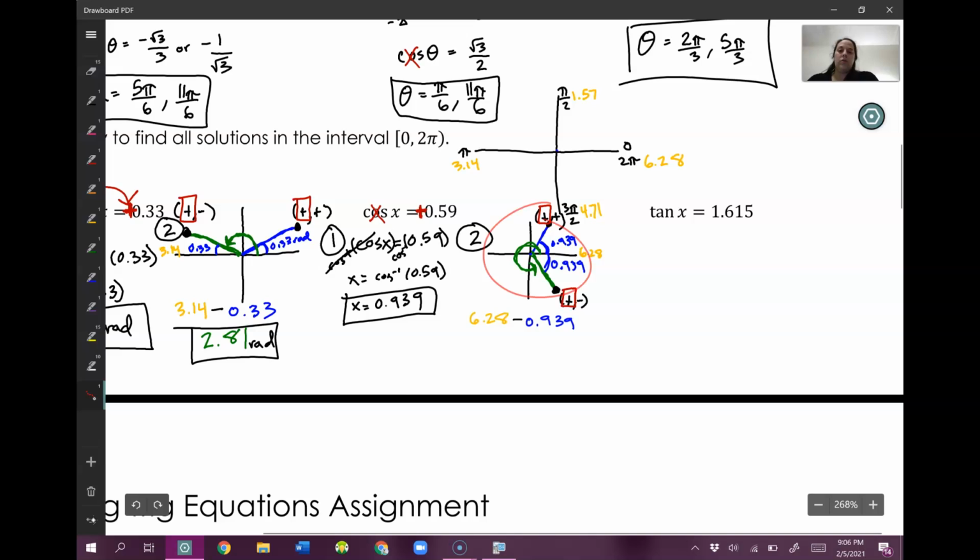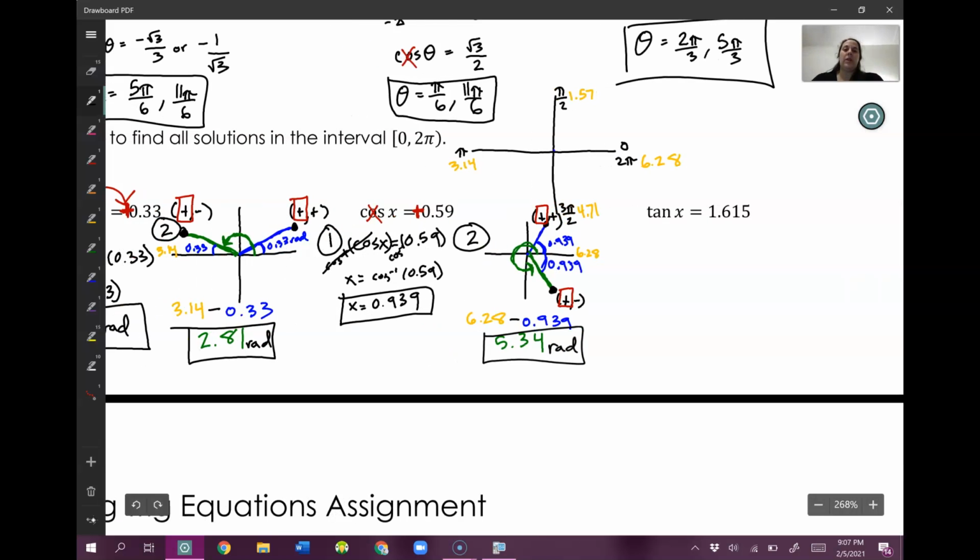And if I do the whole circle minus this part, then I'm left with this green part. So if you just type that into your calculator, you should get 5.34. And that should be your other answer. Those are the two x values that are going to have this same answer.